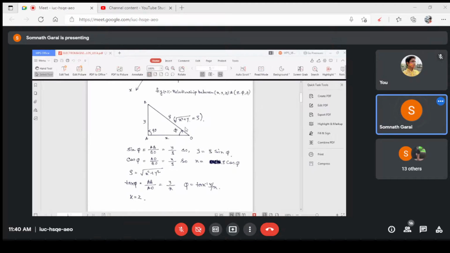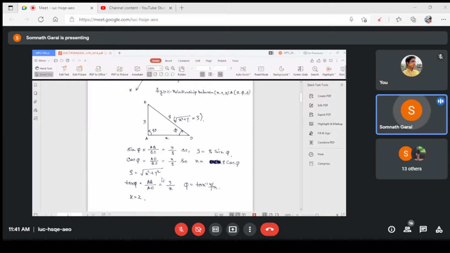So rho square is equal to x square plus y square, and rho is equal to root under x square plus y square. This is another important relationship of the cylindrical coordinate with respect to the Cartesian coordinate: rho is equal to root under x square plus y square.